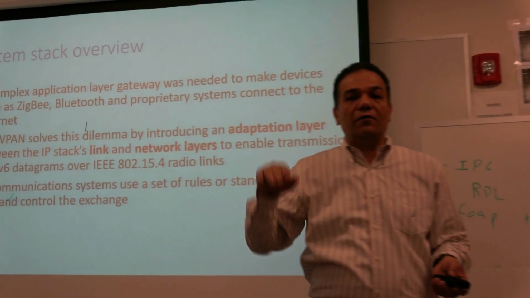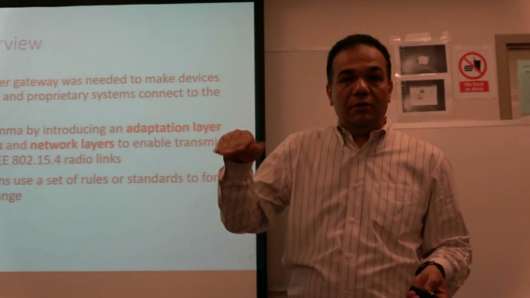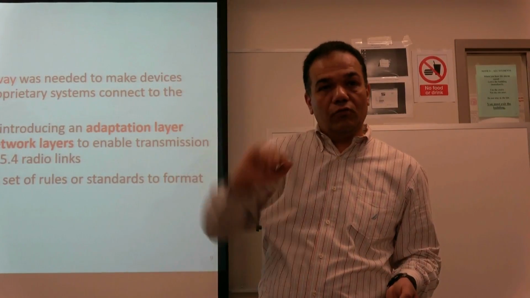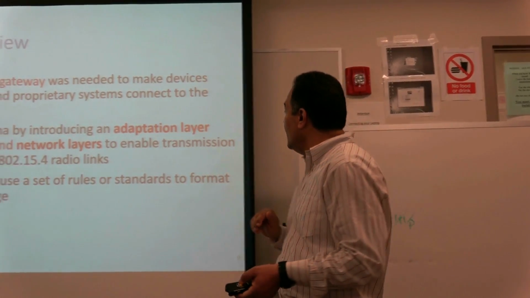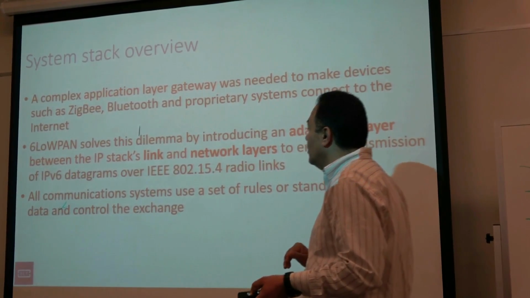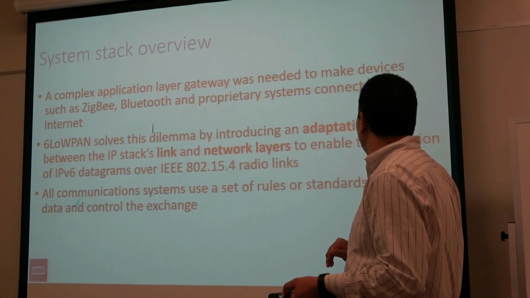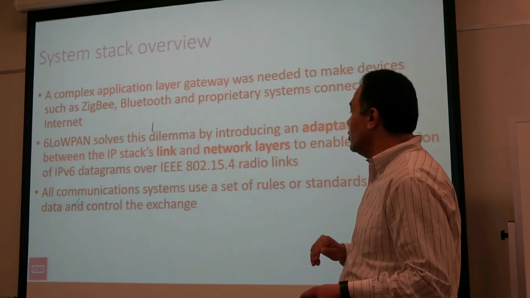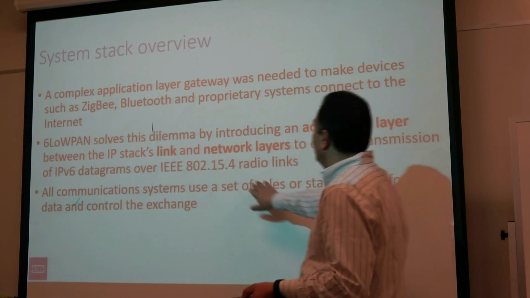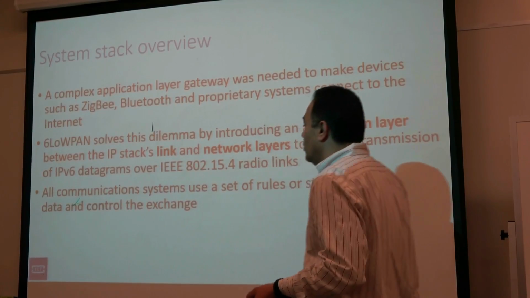Remember in the OSI reference model, we start with the physical, data link, network, transport, up to the application, right? So it will create an adaptation layer between the IP stack link and the network layer, okay? And that will enable the transmission of the datagrams through these devices, through this network, okay?